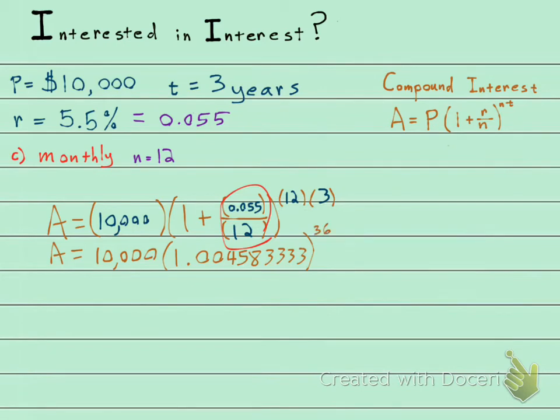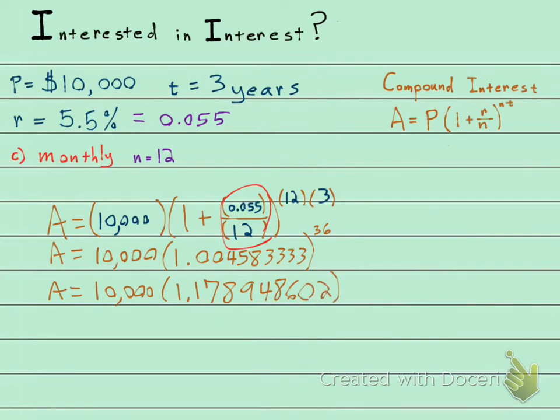Leaving this 1.004583333 in my calculator, I'm going to take that to the power of 36. And I will have 10,000 times 1.178948602.